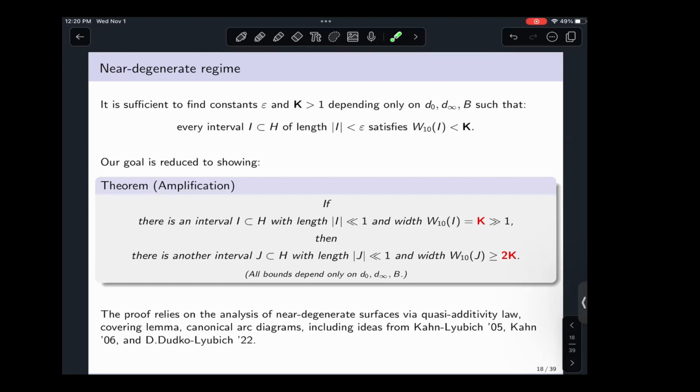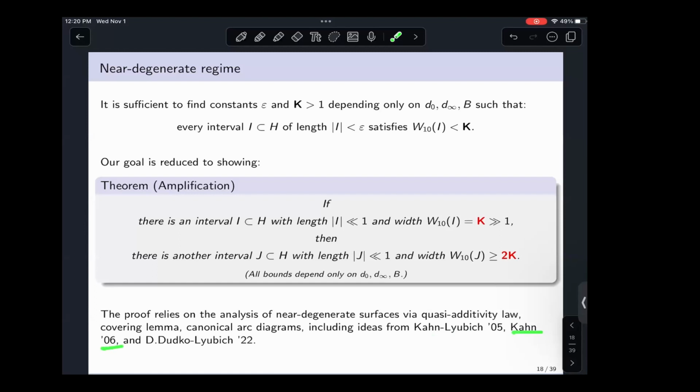So quasi-additivity law and the covering lemma, this was introduced in the game by Jeremy Kahn and Lyubich. And then the original motivation behind this is to prove the a priori bound for infinitely renormalizable quadratic polynomials of bounded primitive combinatorics. This is done by Jeremy Kahn.